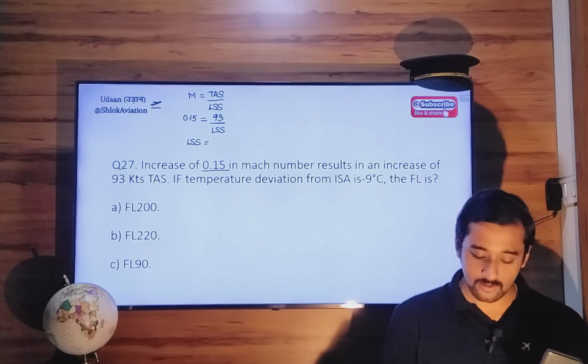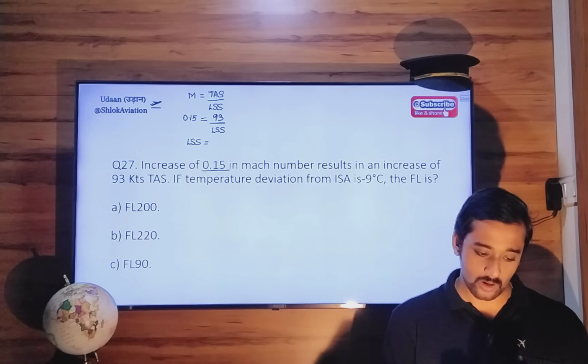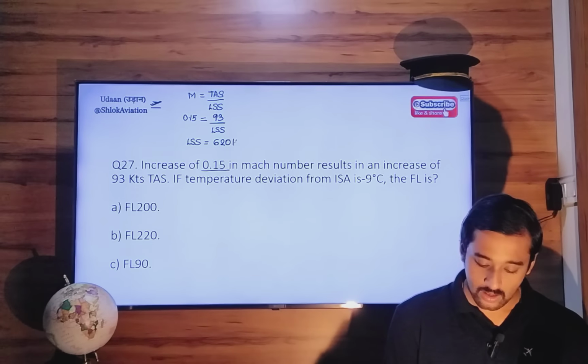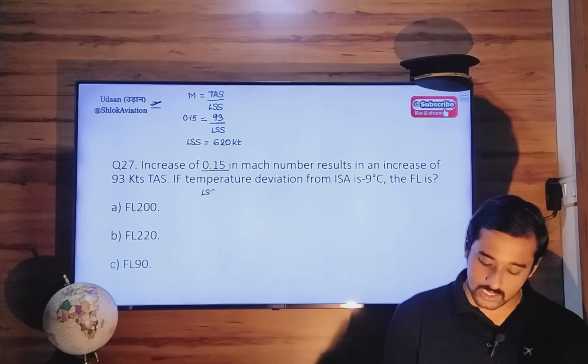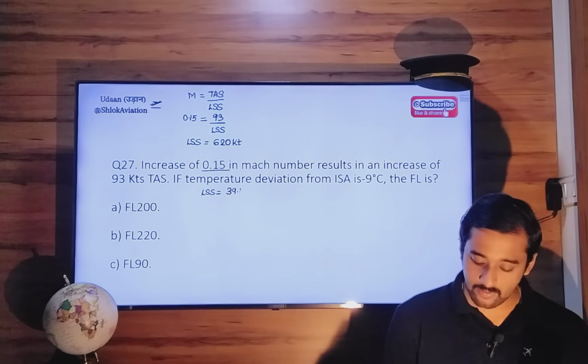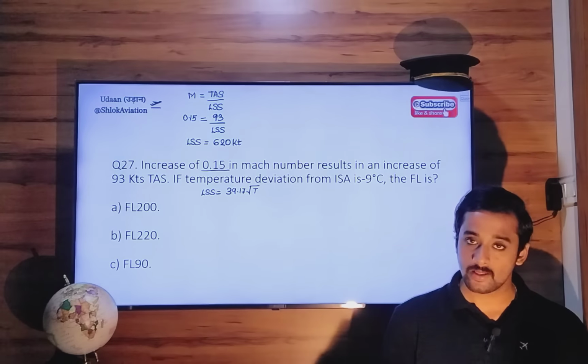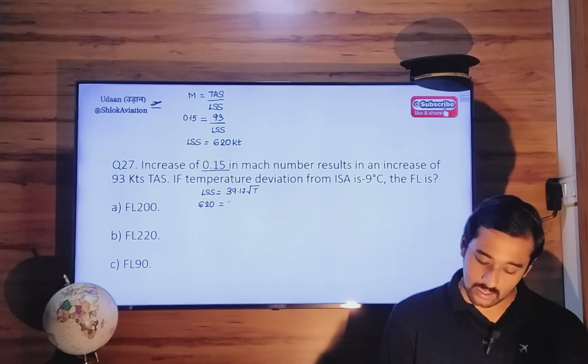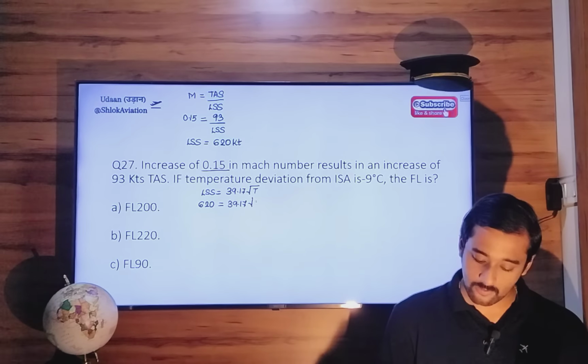So local speed of sound is 93 divided by 0.15, 620 knots. Now what is local speed of sound? It is 39.17 square root of temperature in Kelvin. So we have a speed of sound equal to 620, 39.17 square root of temperature Kelvin.